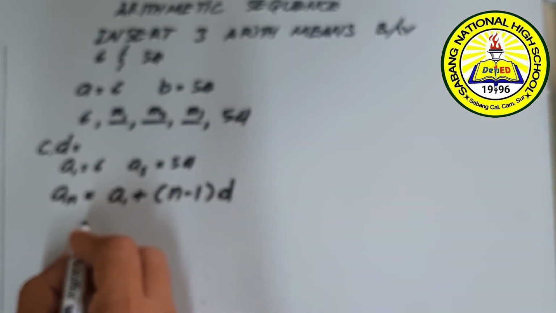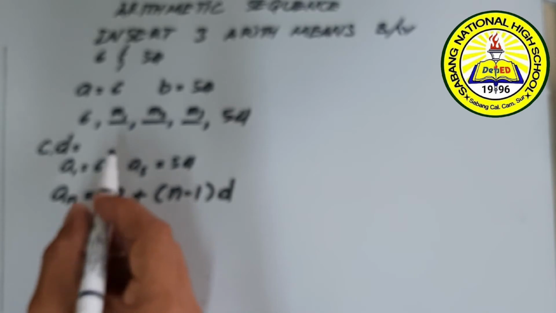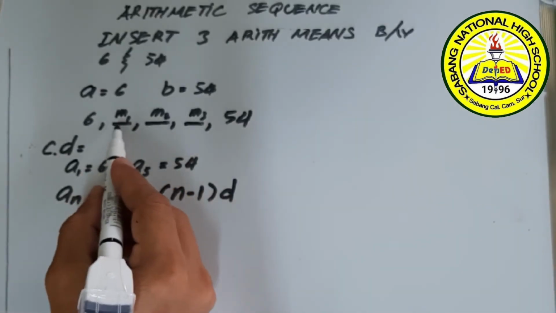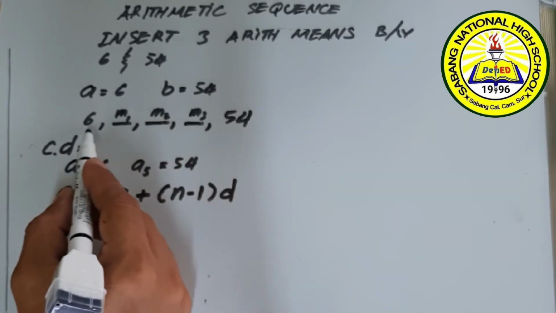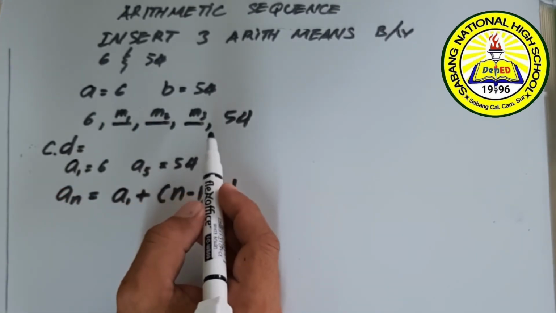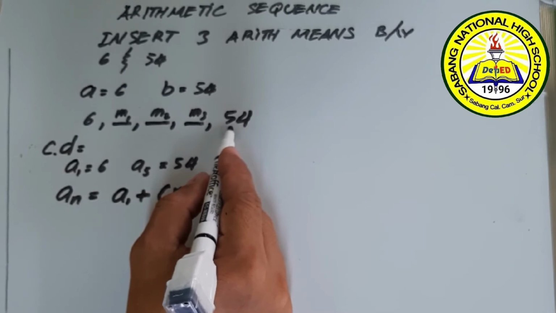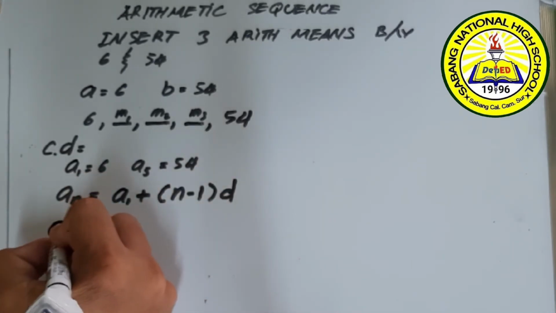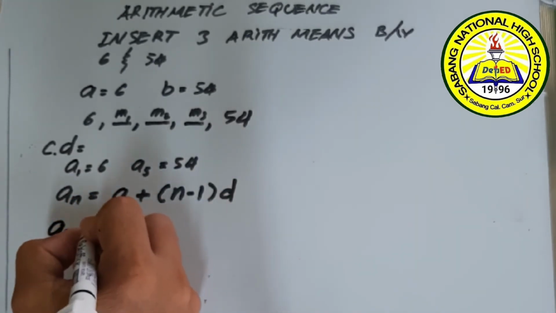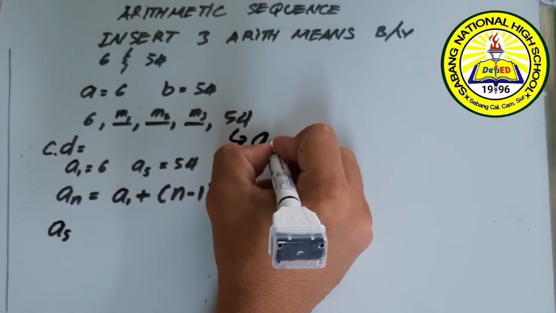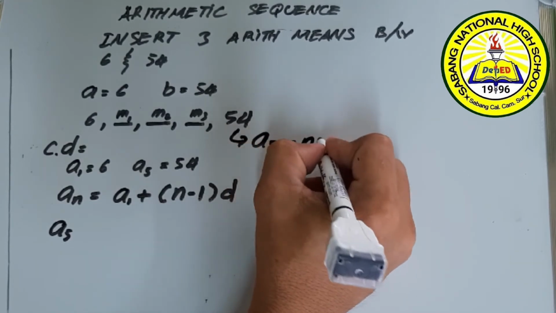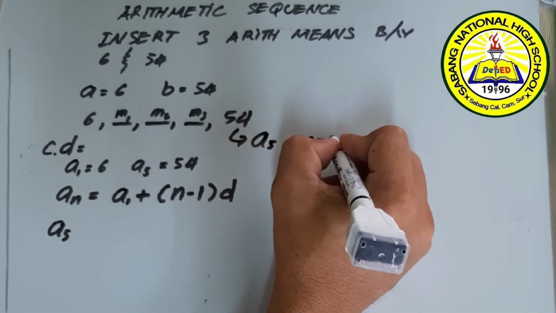Okay, so let us proceed. What is being asked is the value of a sub 2, a sub 3, and a sub 4. We only have a sub 1 and a sub 5. Let us take a sub 5, where the value of n is equal to 5.